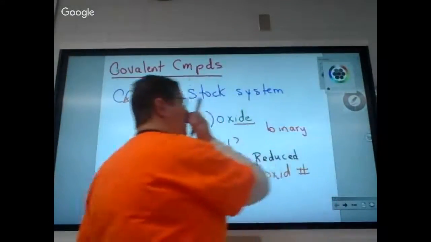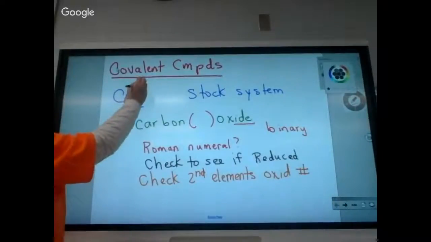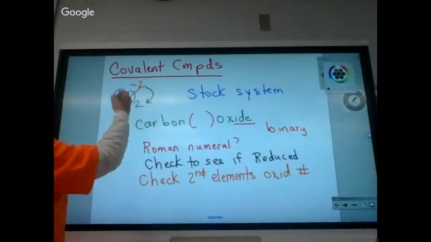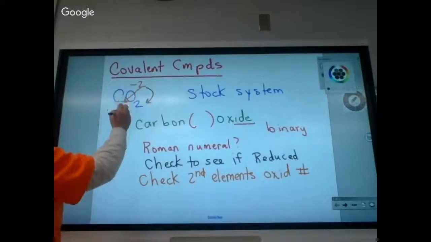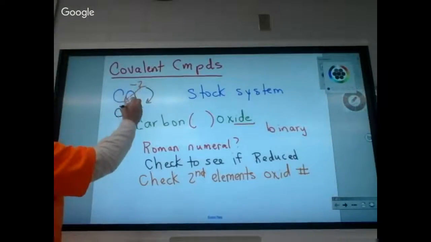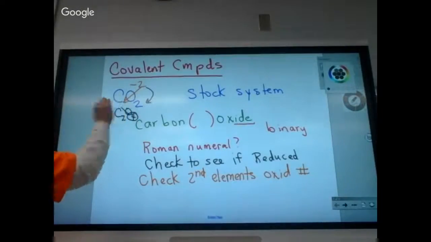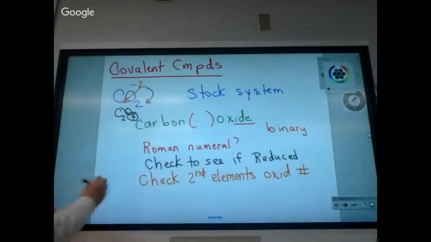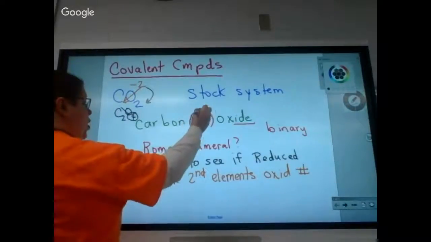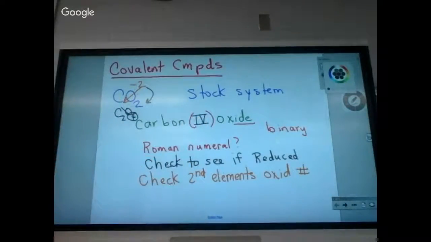Because if we take that 2 and we multiply it through the formula, 2 times 1 is 2. 2 times 2 is 4. Our formula was originally C2O4. What number came from carbon? This 4 came from the carbon. So we have to use the original oxidation number. So the original oxidation number from carbon is Roman number 4.